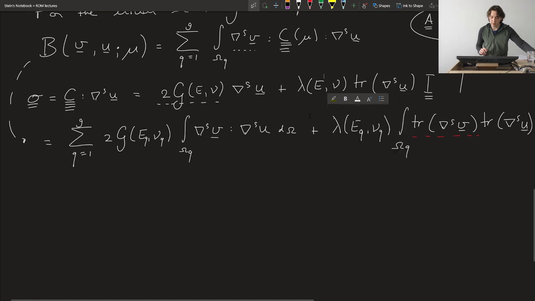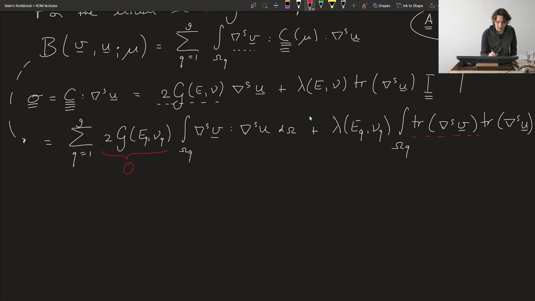What is important is that we see now that even though it didn't quite look like this beforehand, we now have this affine parameter dependence that I was talking about, where this would be some theta of a parameter point. And again, a parameter point is some point in a higher dimensional parameter space, which includes all the E's and all the nu's.